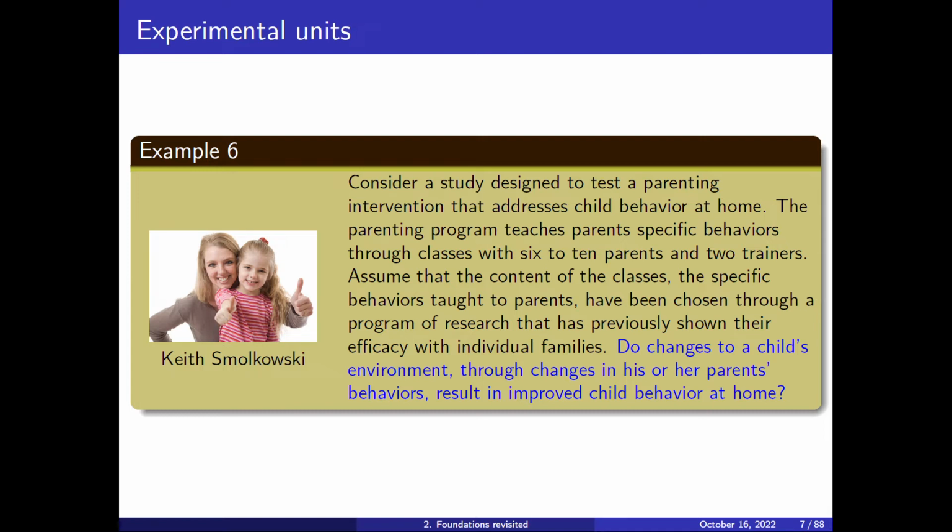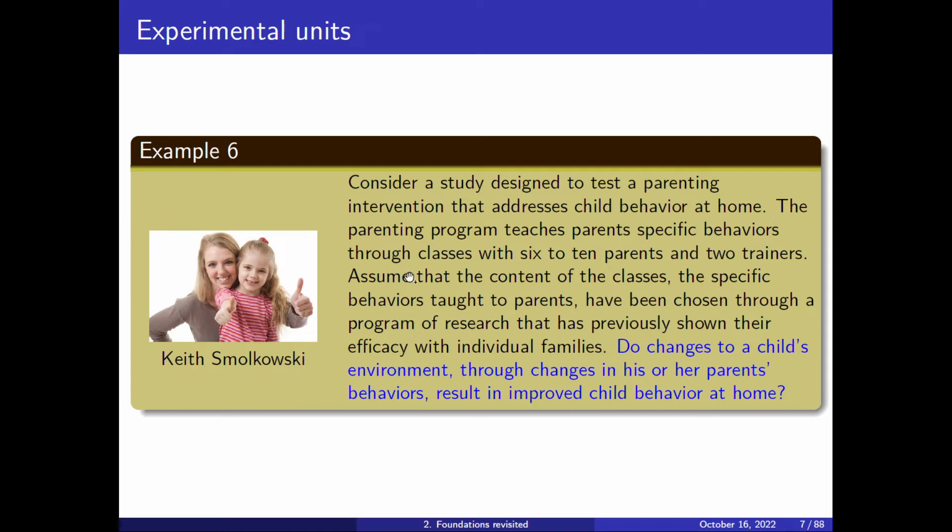And this is an interesting example, because the experimental unit depends on what you are considering. So consider a study that is designed to test a parenting intervention. So you give classes to the parents, but you measure the behavior of children at home. The parenting program teaches parents specific behaviors through classes between 6 and 10 parents and 2 trainers.